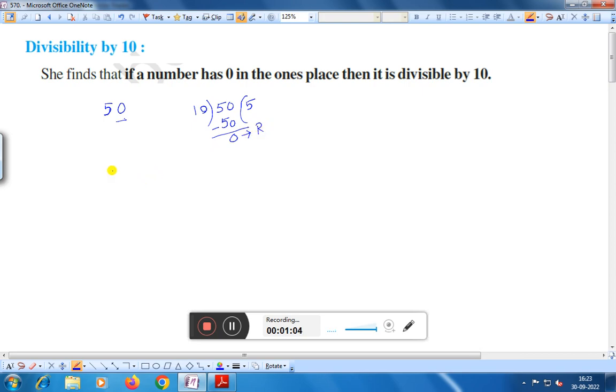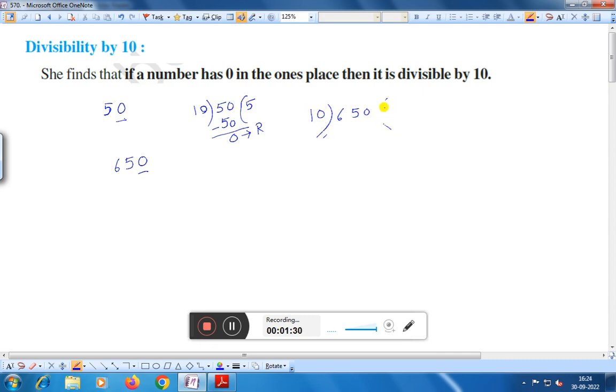If we take another example, suppose 6, 5, 0. In the ones place it is 0, therefore it will be divisible by 10. Let us divide 650 by 10.